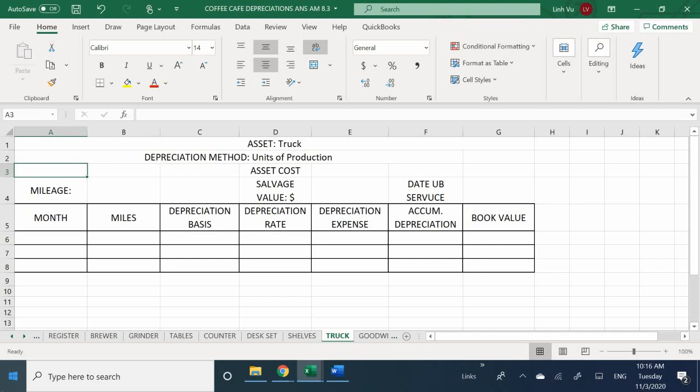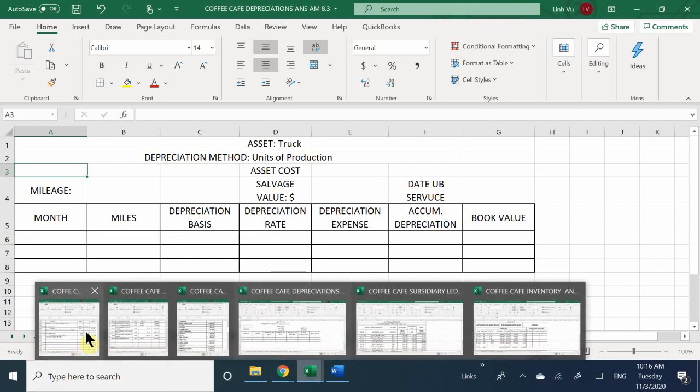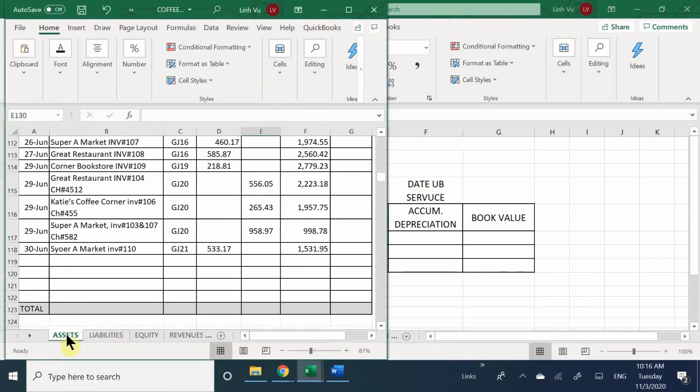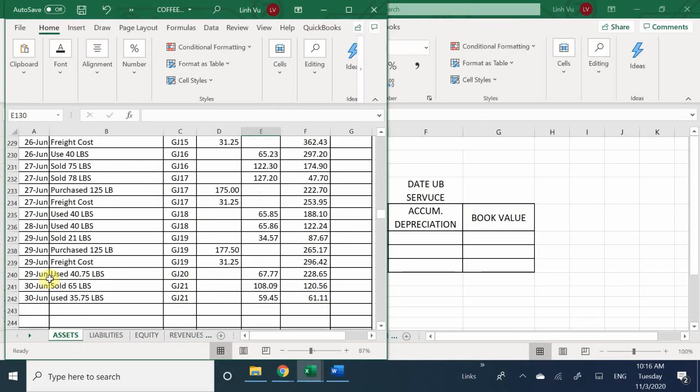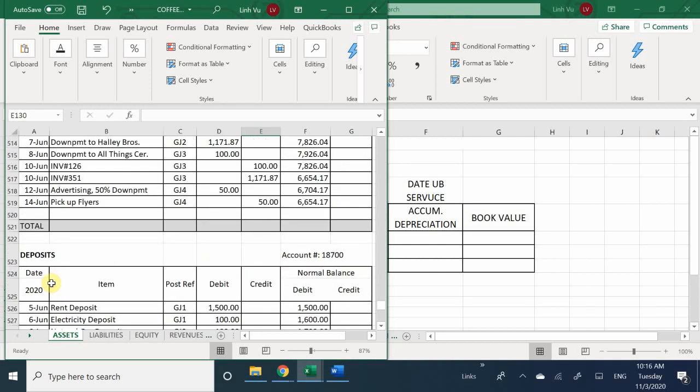All right, where can we find the exact amount of what our asset costs? General Ledger, good. Under trucks. So assets under vehicles is going to be trucks.